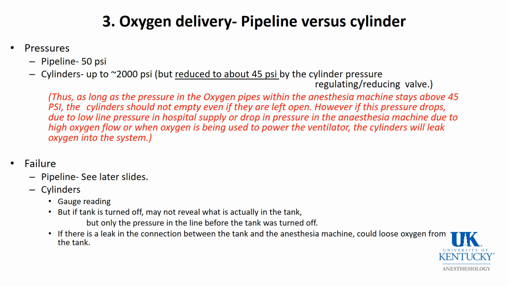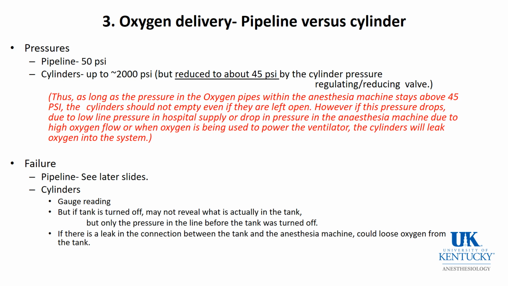Now, let's go specifically to the oxygen delivery system. I mentioned that the pipeline for oxygen delivers it at about 50 psi. The cylinders have up to 2,000 psi, but as I already indicated to you, the pressure reduction valve lowers this to 45.